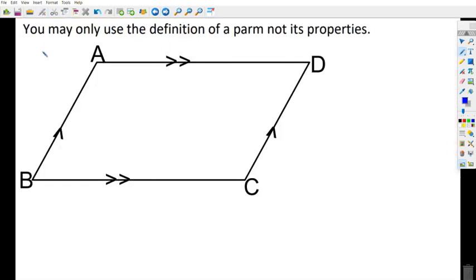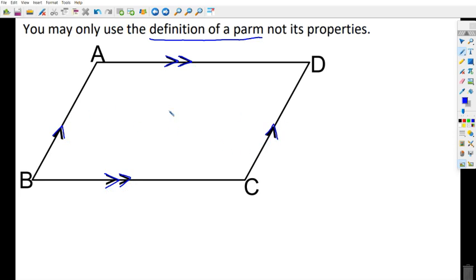It says that you may only use the definition of a parallelogram, not its properties. We already know the definition is that both pairs of opposite sides are parallel. So there they are, they're parallel there, and that's all I can use. I can't use anything about angles.